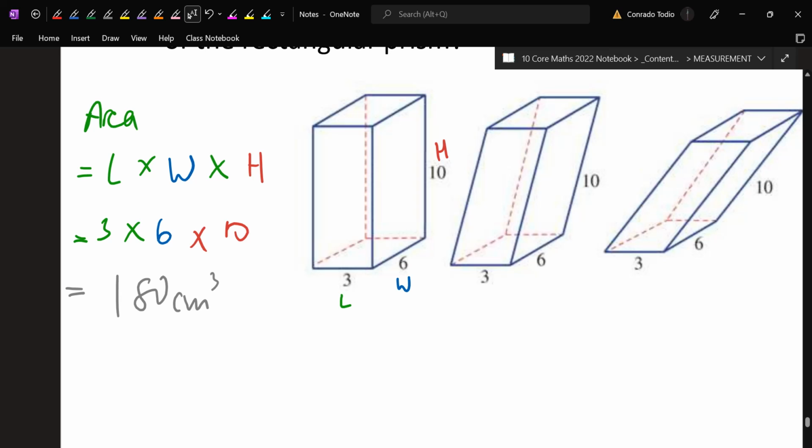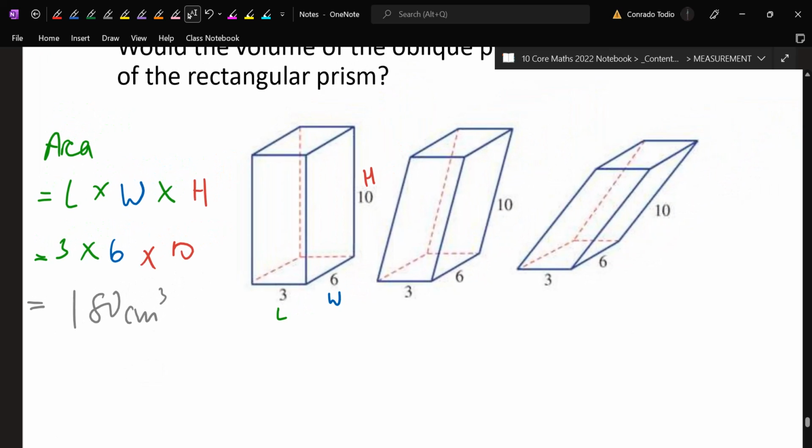Now, the thing that you have to be mindful of is that with these shapes, which are called obliques, what do we think this length is going to represent, that 10? Is that still going to be the height? No. This 10 refers to this length here. The height of the shape is this length. Just because it says 10 there does not mean that it's the height. You normally need to see a shape that has a right angle of some sort.